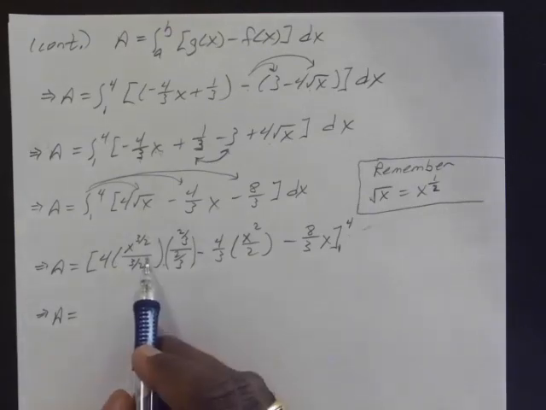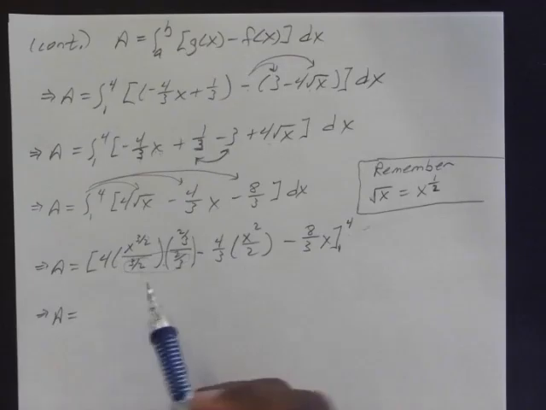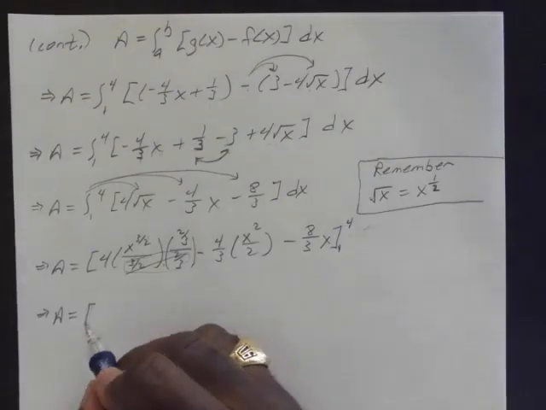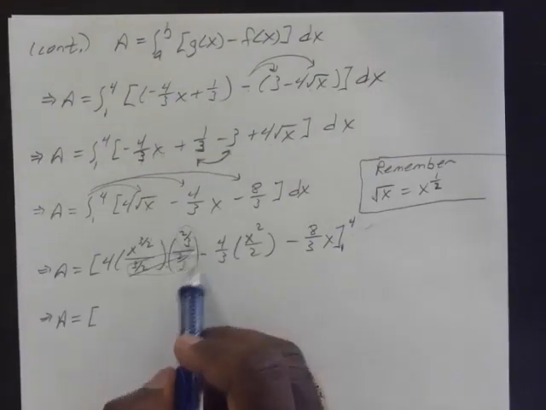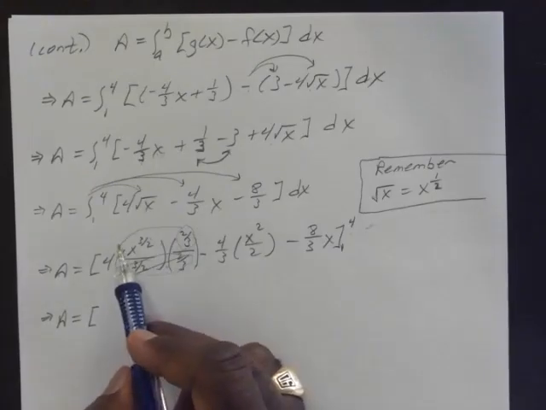Okay, well, if we multiply our denominators, we get 6 over 6, which is just 1. So those two cancel each other out. And this 2/3, we can just factor that right on over to the front.